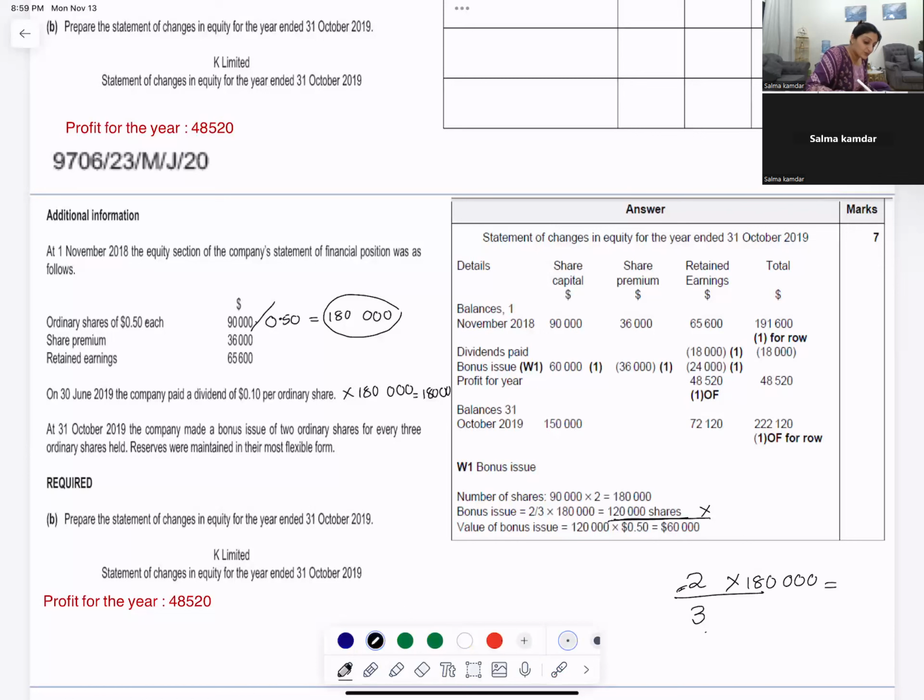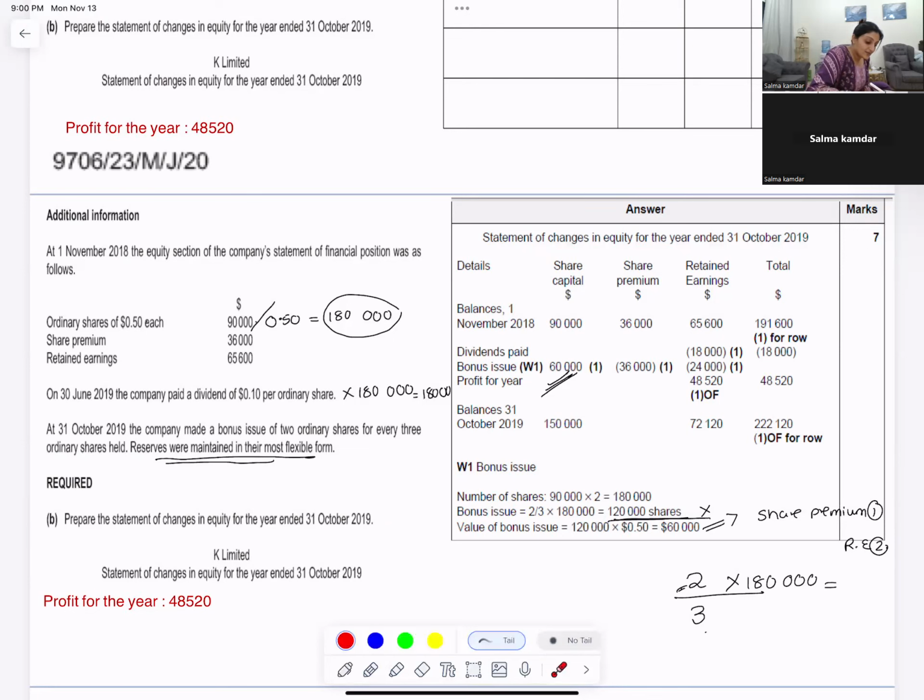Now how do you have to use this bonus? Reserves were maintained in their most flexible form. So your share capital would increase by 60,000. But since reserves are maintained in the most flexible form, that means you will use share premium first and then you would use your retained earnings second.